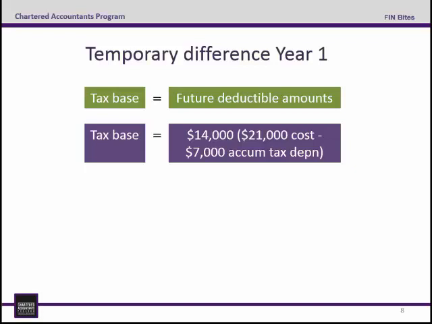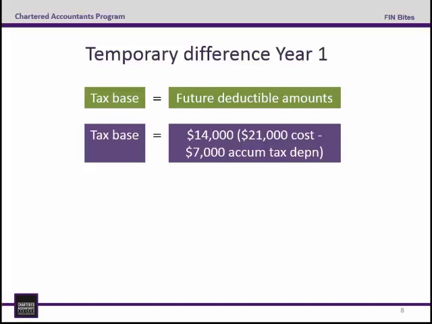So if we were to prepare a tax balance sheet, what would the value of this machine be in that tax balance sheet? So remember that the tax written down value is $14,000, a cost of $21,000, and we've claimed tax depreciation deductions of $7,000. So its tax written down value is $14,000.